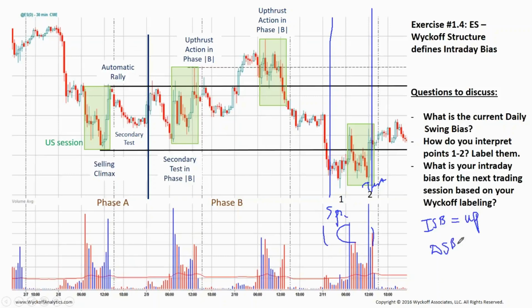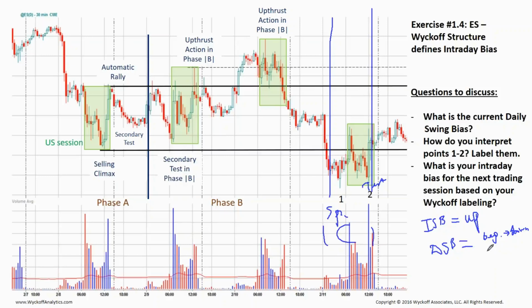Daily swing bias. What do you think it's going to be? Technically it's still down, but you could say that it's changing. So at the beginning of the session, it's probably still down because we need a close as a confirmation on the daily that it's going to be up. But if we are trading intraday, and imagine we open a position at the beginning of the session, and then by the end of the session we already have a close on the significant bar that day, then we would waste that opportunity.